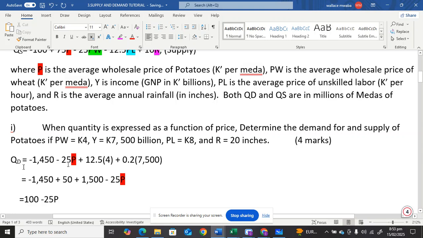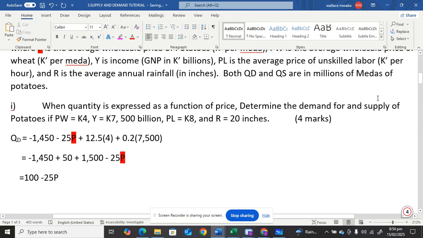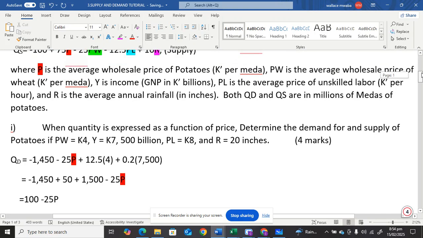Now we're not yet done, because we need to determine the demand and the supply of potatoes. Next is our supply function.